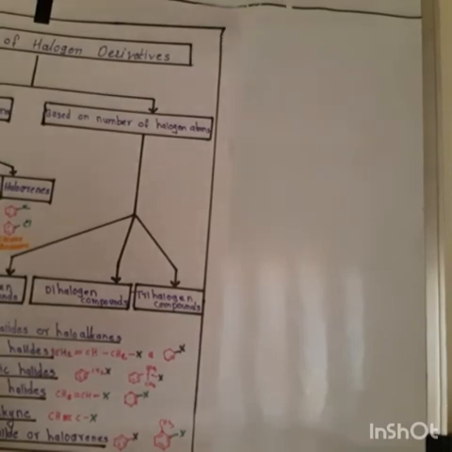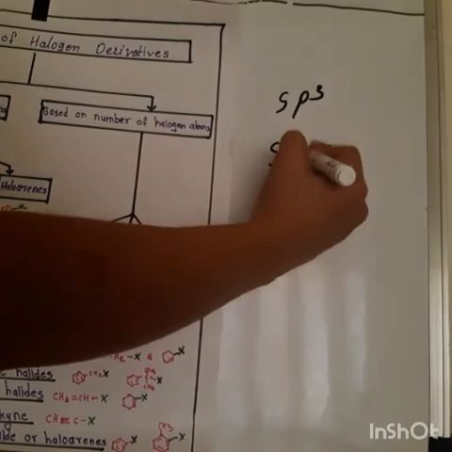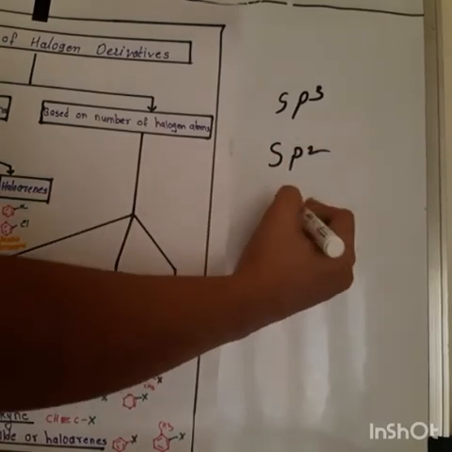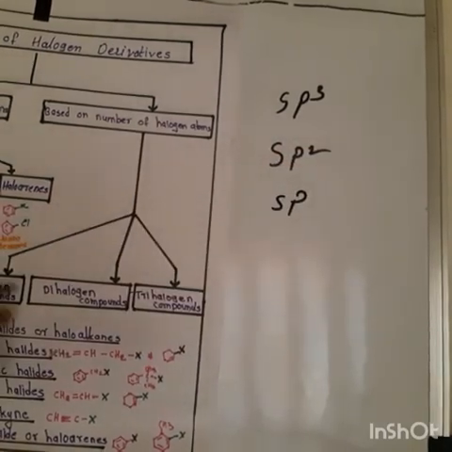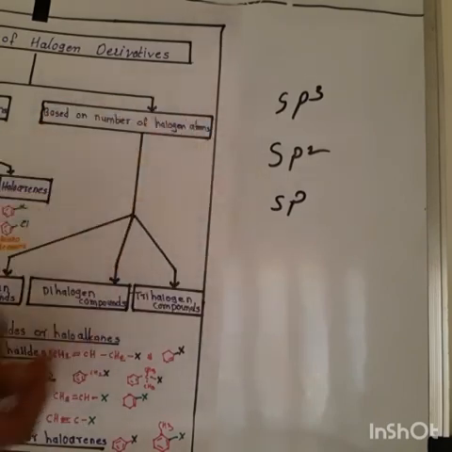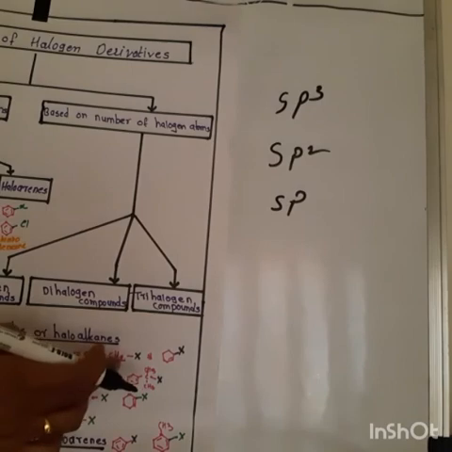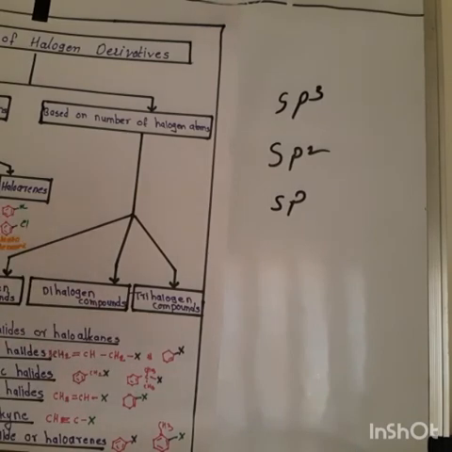Let's see what is sp3 hybridization, sp2 hybridization and sp hybridization. In this chart we have all three terms, sp3, sp2 and sp hybridization. In alkyl halides, the halogen atom is attached to the sp3 hybridized carbon atom.